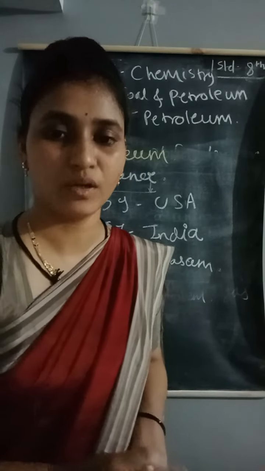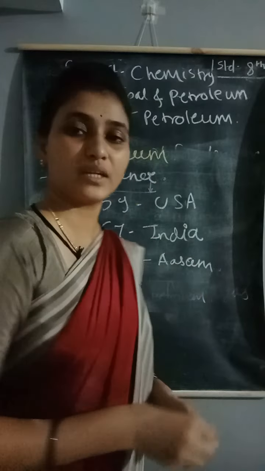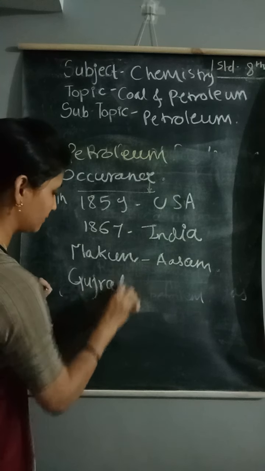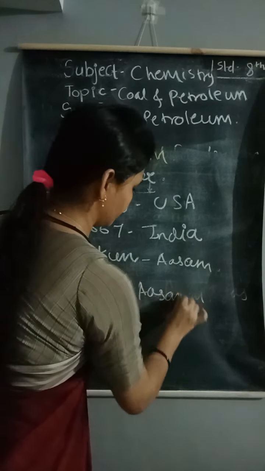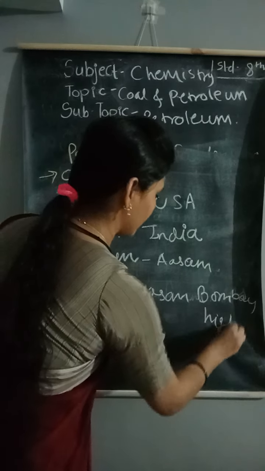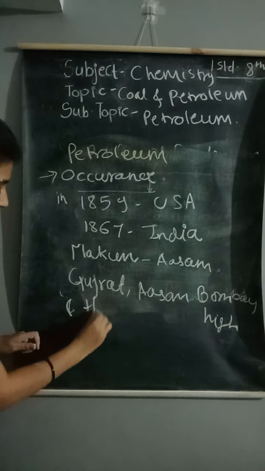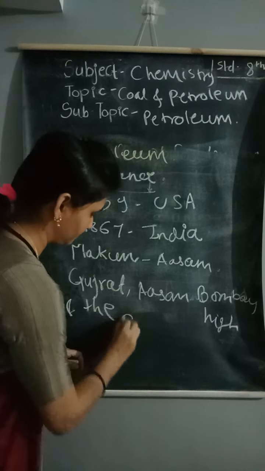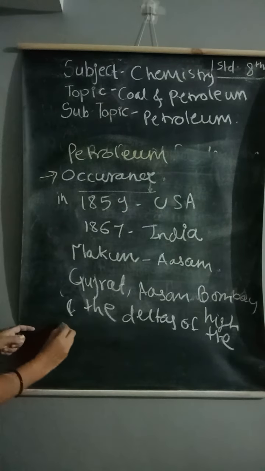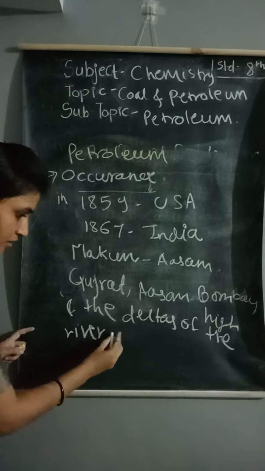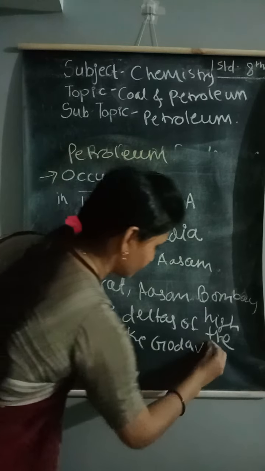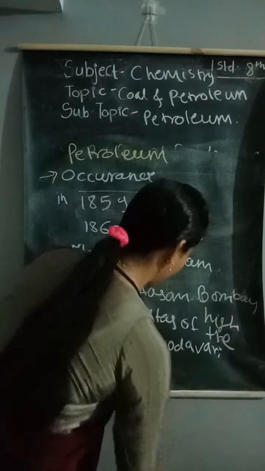Mainly, we can get petroleum in states like Gujarat, Assam, Bombay High, and the deltas of rivers like Godavari and Kaveri.